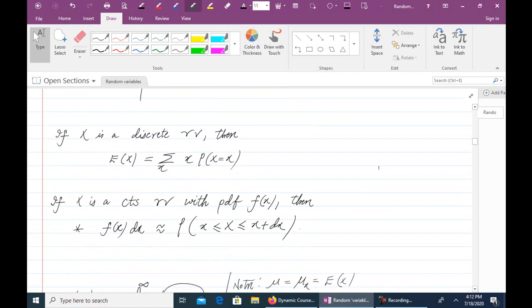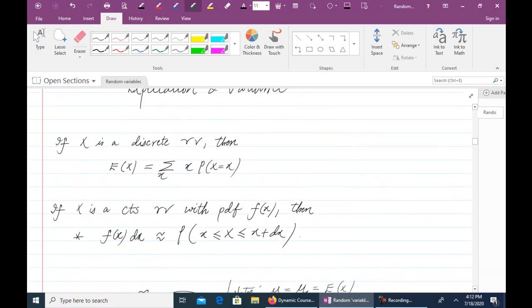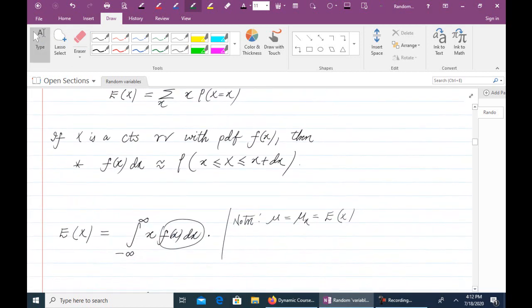And so how do we define the expectation for a continuous random variable? If you recall, if x is a continuous random variable with the PDF small f of x, then f of x dx is approximately the probability that x is near x.